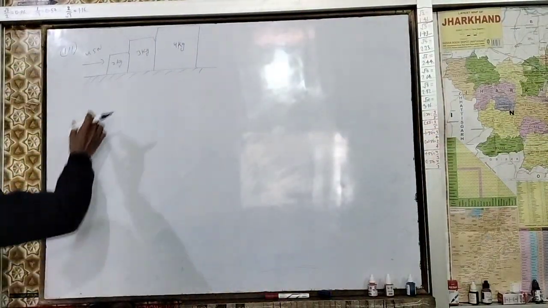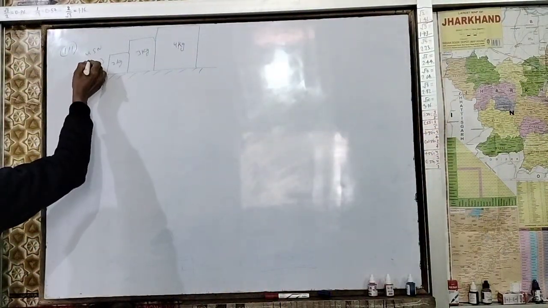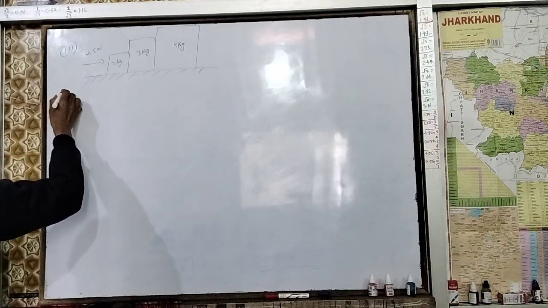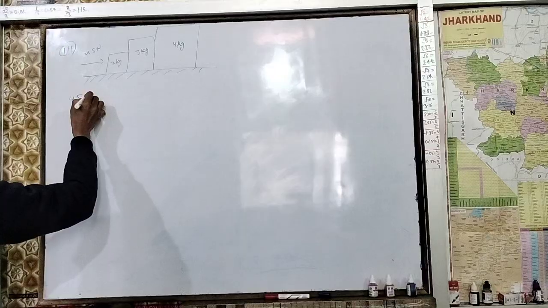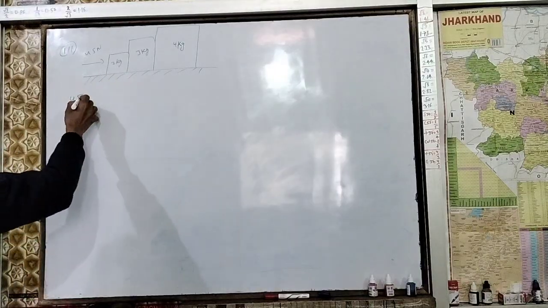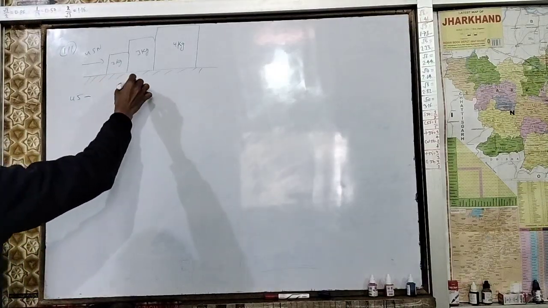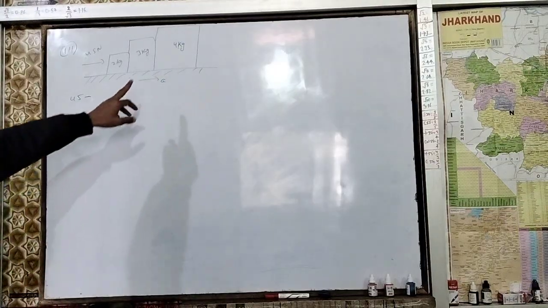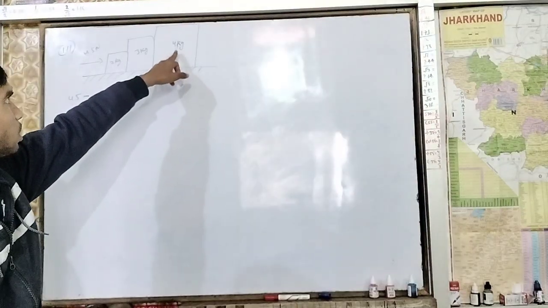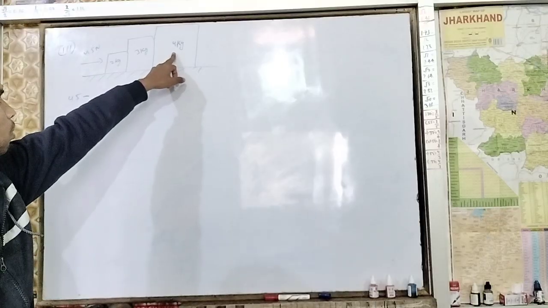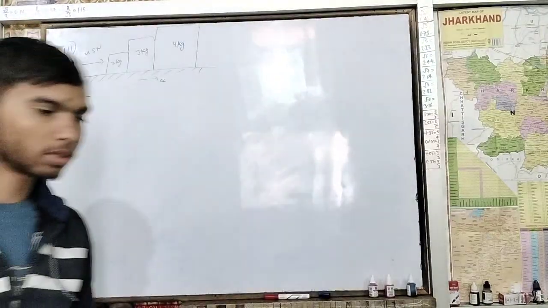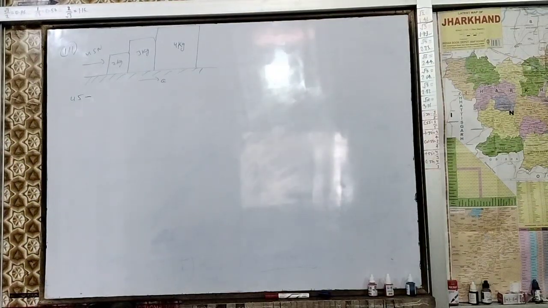Now, for the first, we know 45 is here. 45 minus, acceleration is in this direction, minus this 4a plus 3a will be how much? 7.